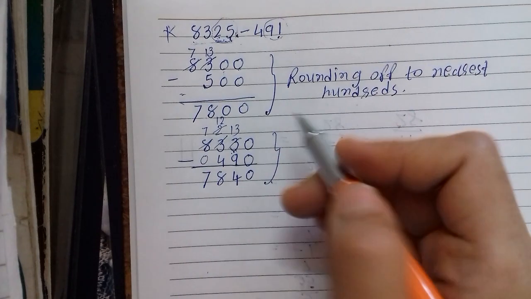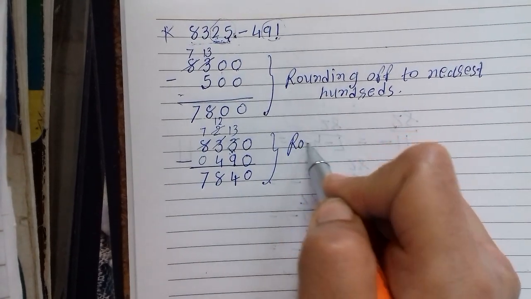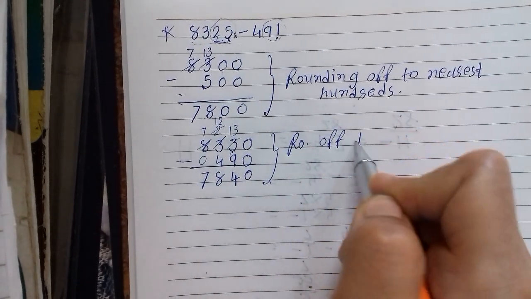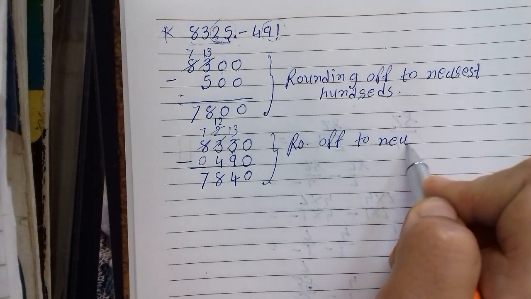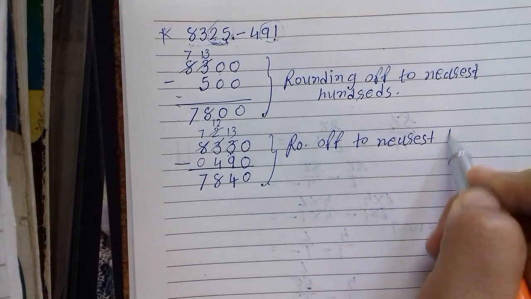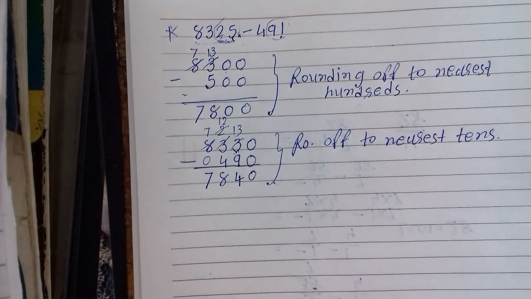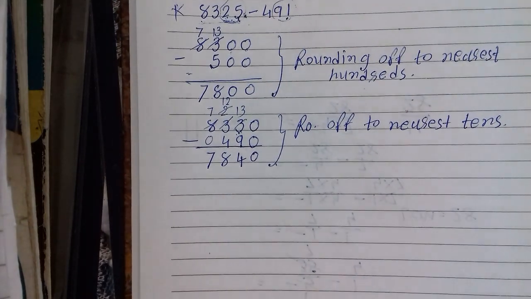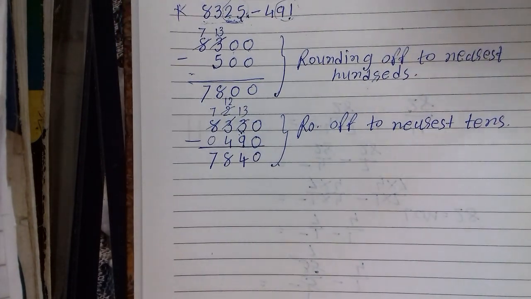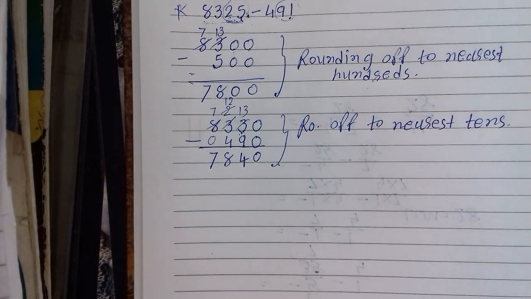So here rounding off to nearest tens. Right? So complete exercise 1.3 question number 2 by this method.